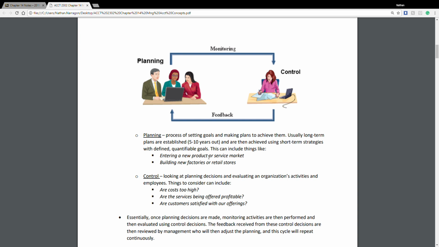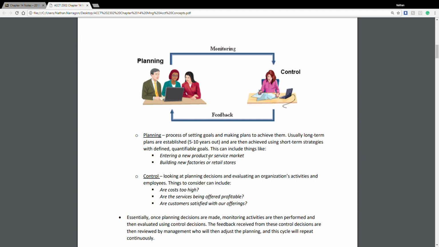If the strategy is that we are going to increase productivity by so much, we may want to build a new factory, kind of like schools. If a school is getting so many new students and it's increasing, they may plan to build a new school. We are planning it out and seeing if we need to do this to achieve goals.